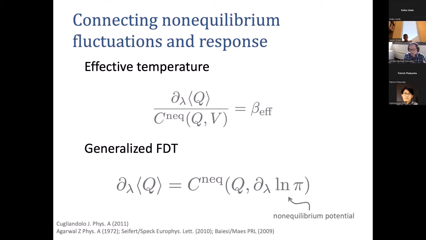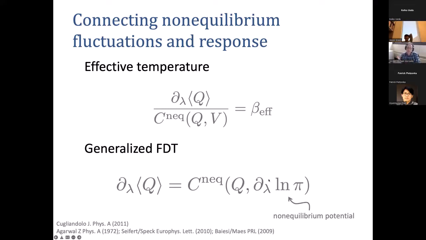Another way to do it is to re-establish the formal structure of the fluctuation dissipation theorem and write the response as a non-equilibrium correlation function between your observable of interest and some new conjugate coordinate. We've known essentially since the 70s that we can always do this, and the conjugate coordinate is the derivative of the log of the steady state distribution.